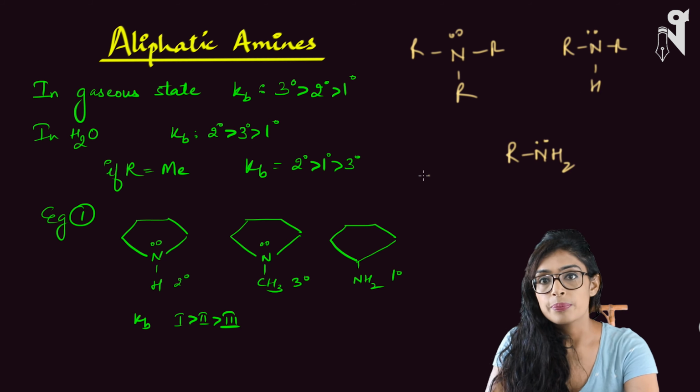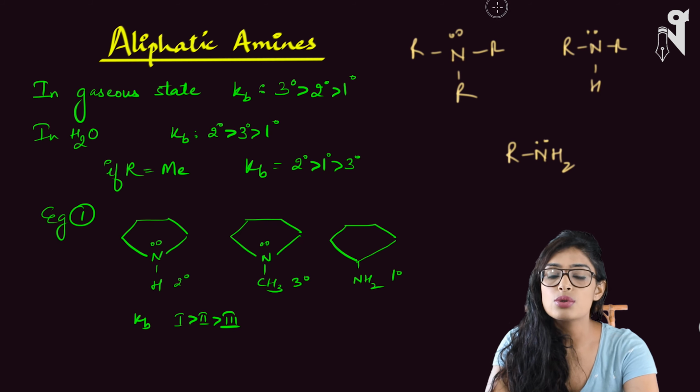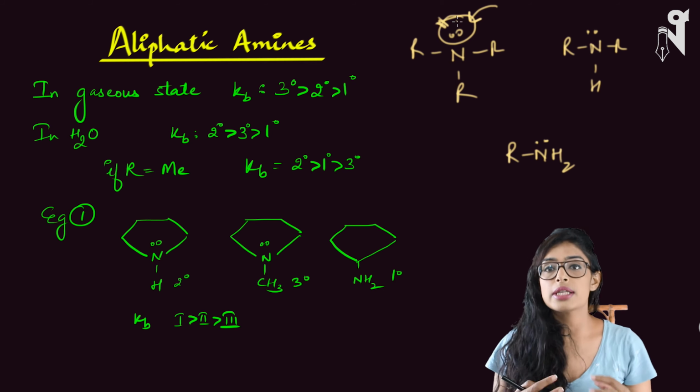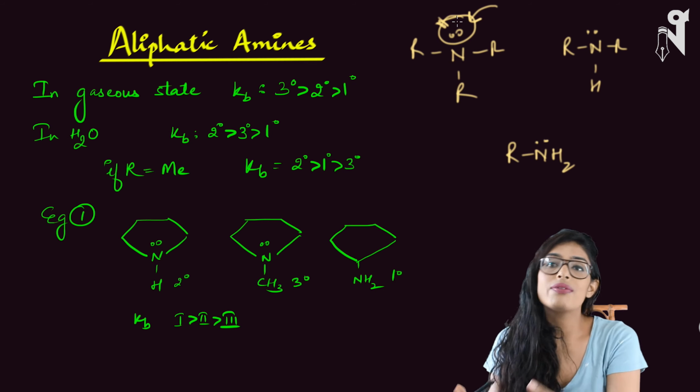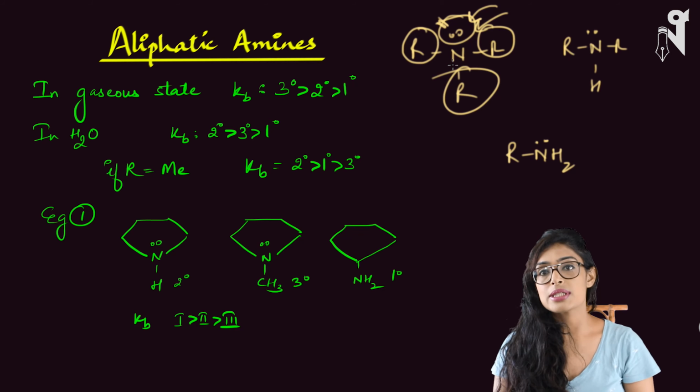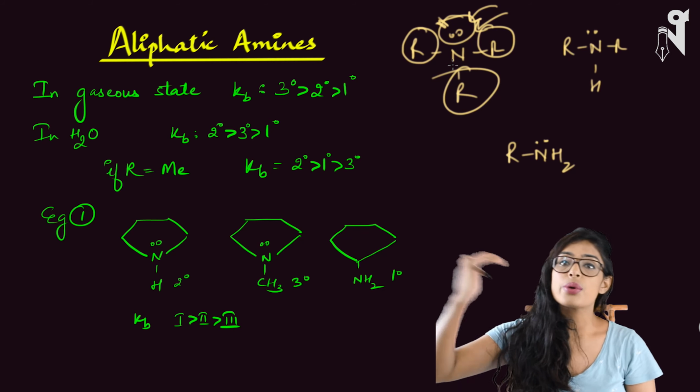So basically water's H plus will come and neutralize this lone pair, but there are a lot of bigger groups present around the nitrogen, which makes it a little difficult for H plus to approach nitrogen.